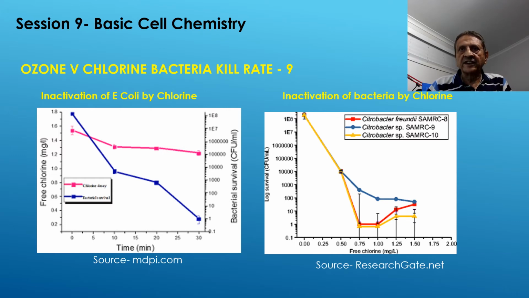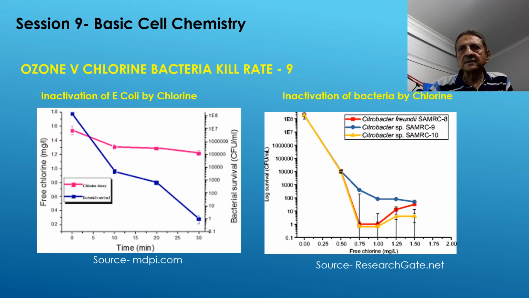At a concentration of 0.8 ppm, you will have almost also just slightly below 1000 survival, and when the concentration is 0.2, you find that you need 30 minutes to ensure the full kill.